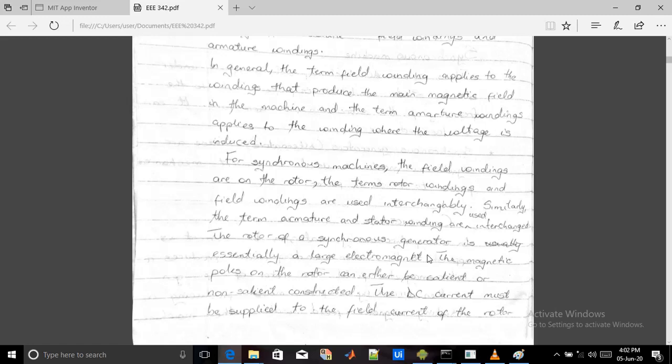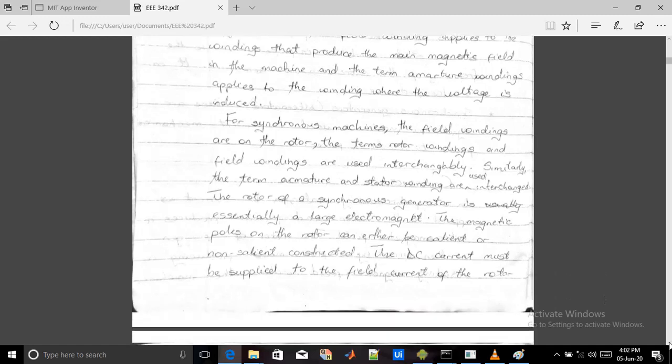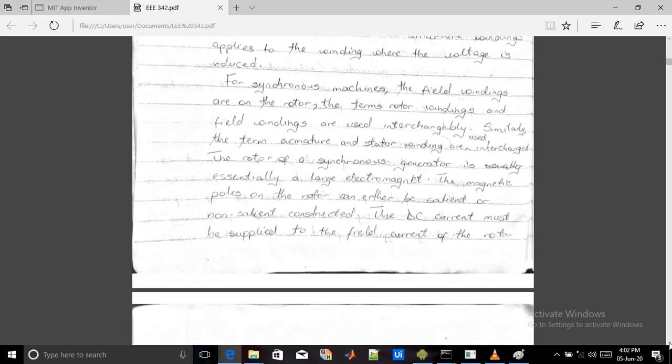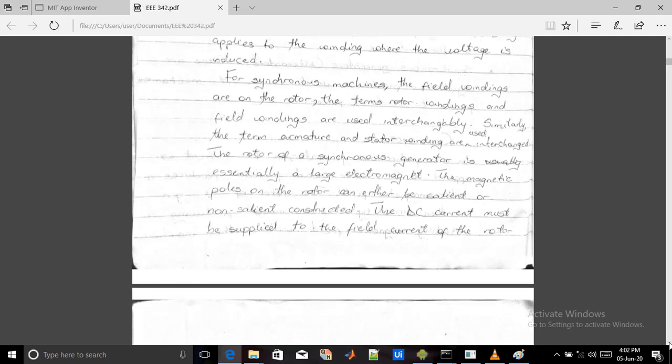So now the DC current must be applied to the field winding, like I said the other time, that it is an electromagnet. So for it to be magnetic, you have to apply the current through it.